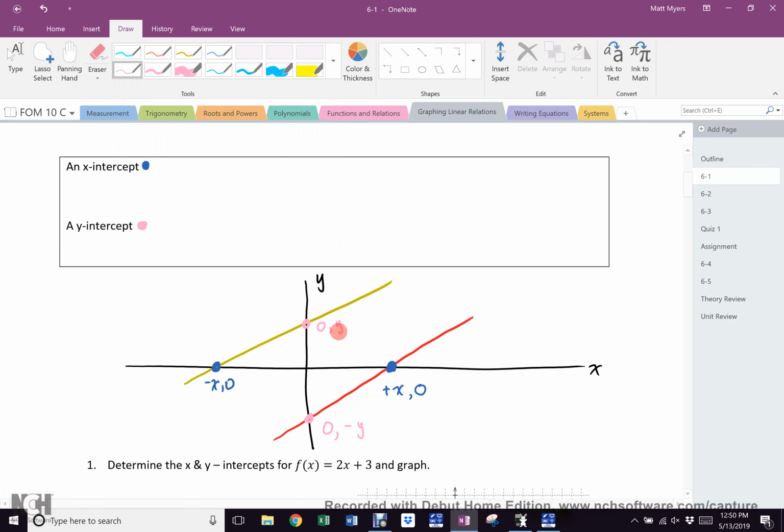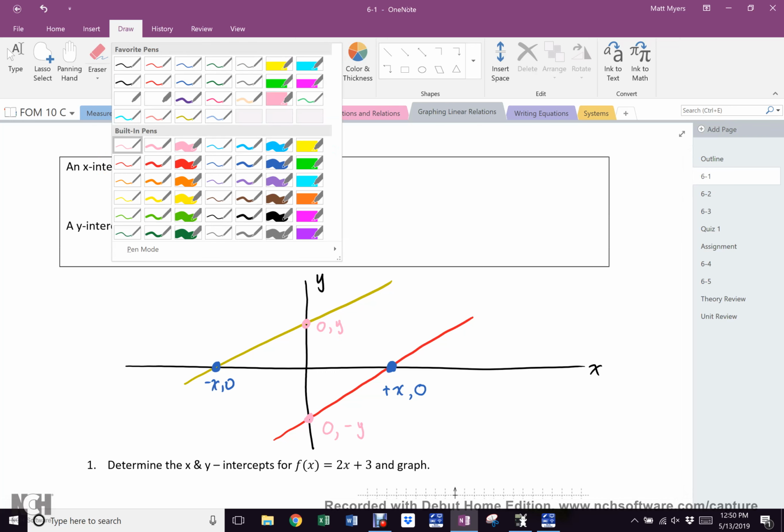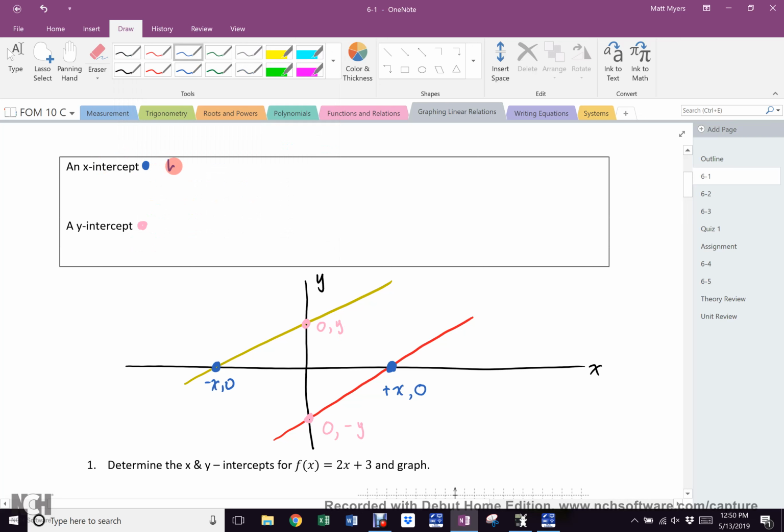Now that you've seen it twice, what do you know about every single x-intercept? They are always what coordinates? No, because this is negative x, 0. They all, an x-intercept has coordinates of what?